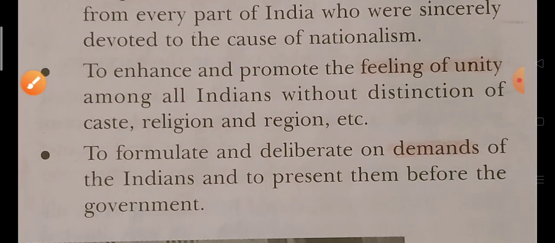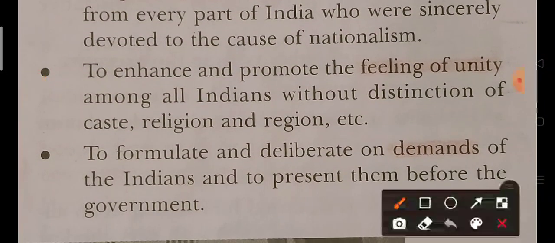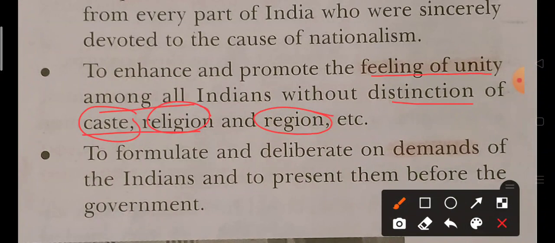Next is to enhance and promote the feeling of unity among all Indians without distinction of caste, religion and region. Actually, in the time of the 1850s, you can say the 19th century, the main critical problem was caste and religion.